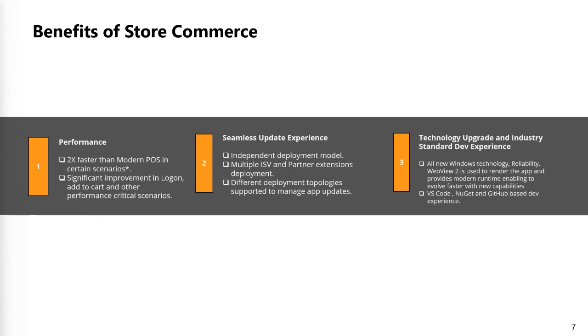The previous UWP technology is outdated in the sense that Windows is not investing more in it, which prevented us from evolving faster. Now with this technology upgrade, we can easily evolve with the new upcoming changes in Windows. That's on the technology side, the framework side.